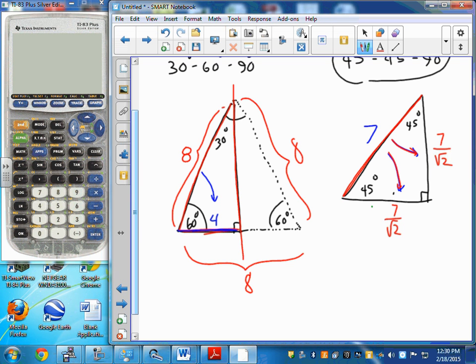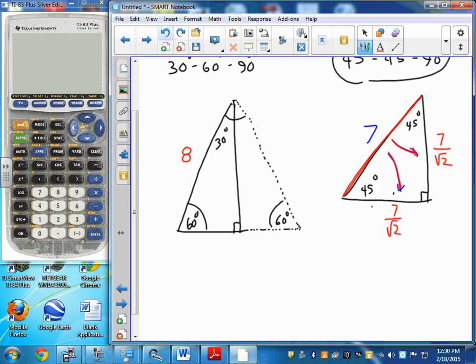Now let me back off most of that and just look at our 30, 60, 90 again. And this is what you need to know. I give you the hypotenuse. The short leg is half of it all the time. Hypotenuse to short leg, cut it in half. Now, to get to the middle leg, or this longer of the two legs, you're going to take 4.